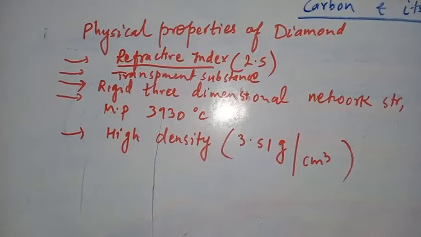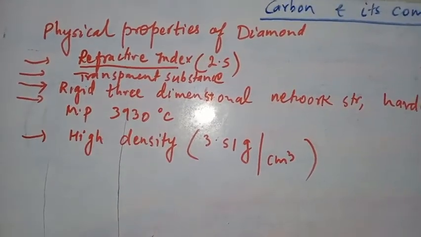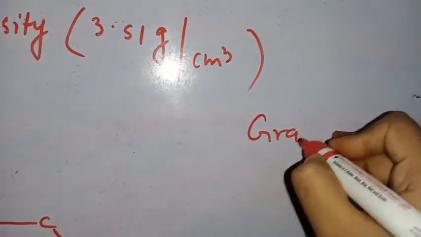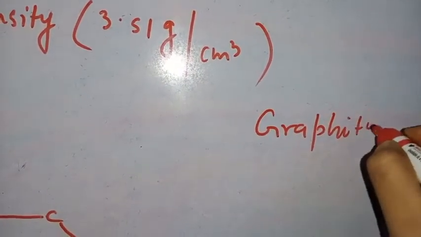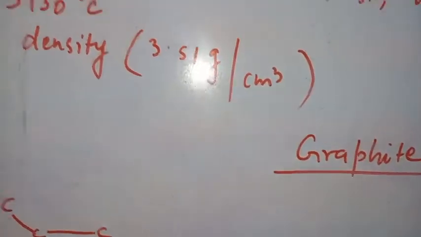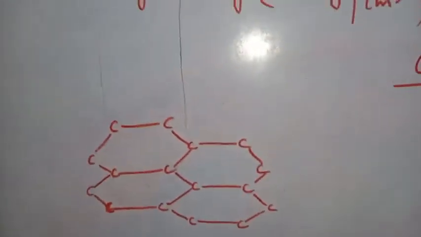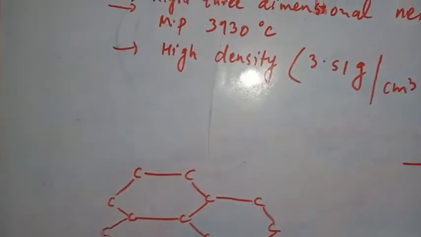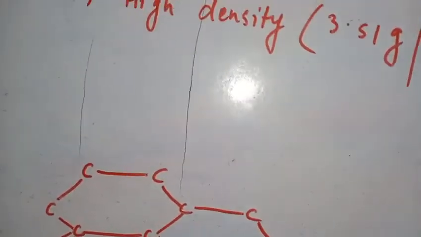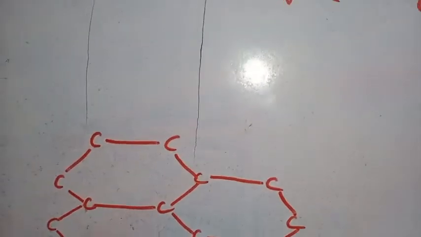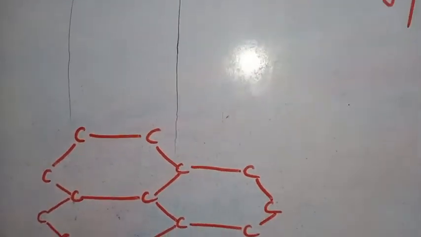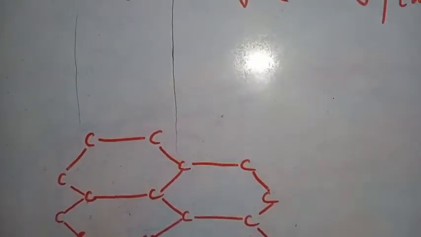So now the second allotrope of carbon is what? Graphite. So we will quickly go to the structure of graphite. As you can see, the graphite actually is made by the layers and layers of carbon atoms, many layers of carbon atoms.